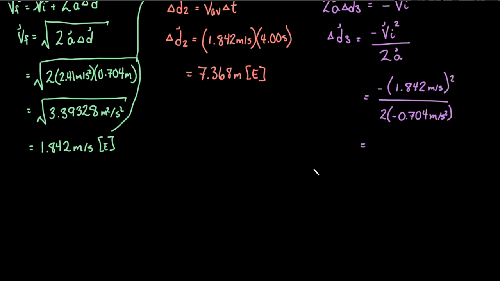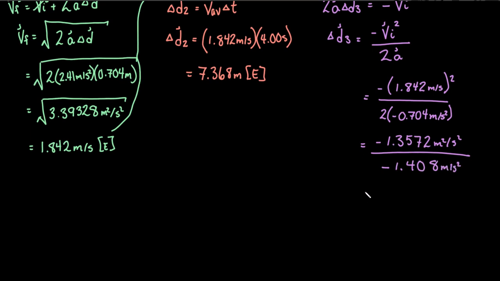So 1.842 squared works out to be negative 1.3572 meters squared per second squared over 2 times our negative 0.704 is negative 1.408.